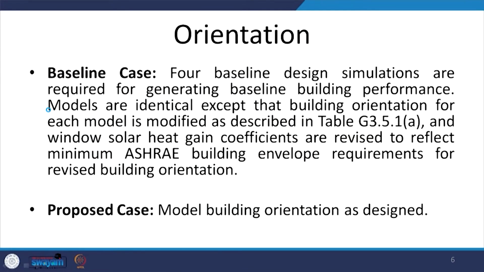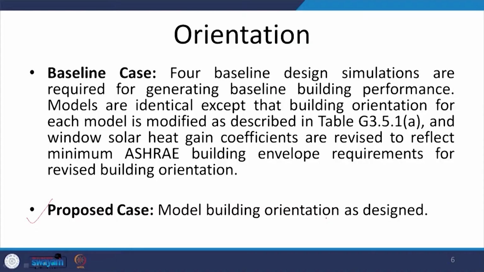The next is the orientation of the building, keeping the building geometry exactly the same. The total floor area and the building surface area all remain the same for both the baseline and proposed case. However, for orientation, the baseline will be calculated by simulating the building geometry, which is the same as the proposed case, for all four orientations, and then taking an average to calculate the base case energy consumption or EPI.